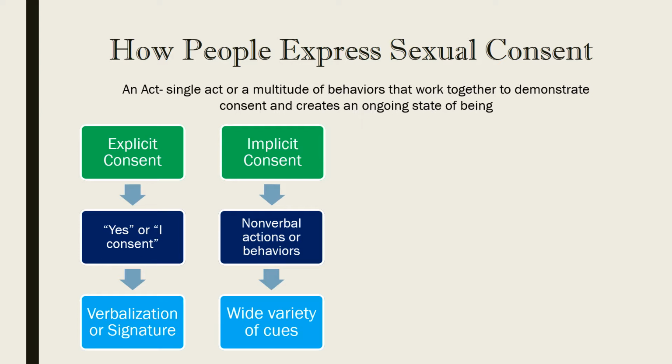While nonverbal behaviors are rated as less clear than verbal or explicit consent, during sexual situations, people tend to use a number of explicit and implicit actions to demonstrate consent. And research shows that people are fairly accurate readers of nonverbal behavior. After all, we practice reading nonverbal social cues literally all the time.